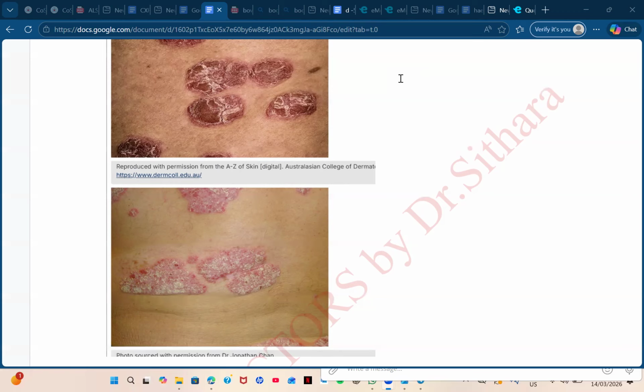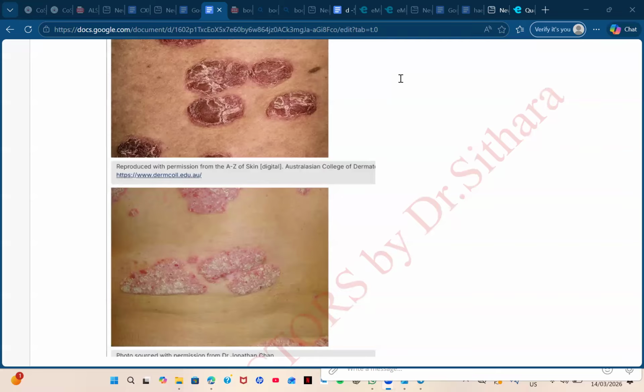The plaque lesions present as symmetrical, well circumscribed, salmon pink with loose silvery scale, right?